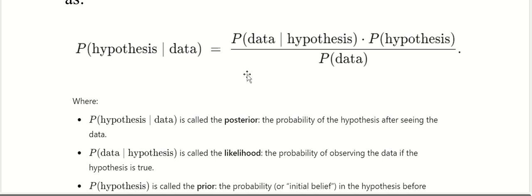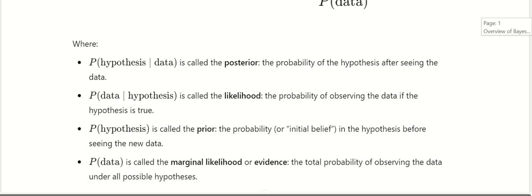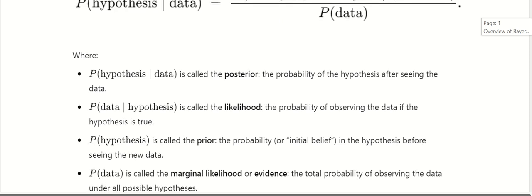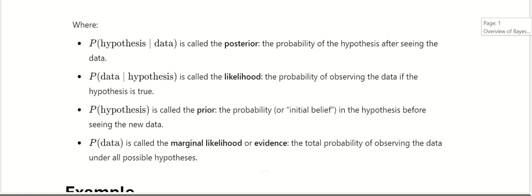Now, to do that, you need to calculate the likelihood, which means the probability of getting that data in the first place based on your initial hypothesis. And also you need the probability of your initial hypothesis, and you need the marginal likelihood, which is the probability of the data or the evidence. This is the total probability of observing the data under all possible hypotheses.